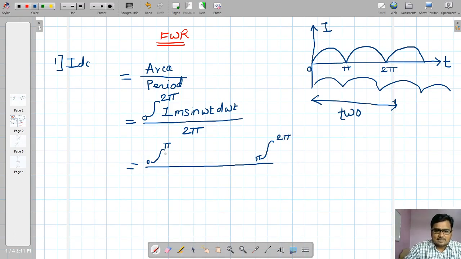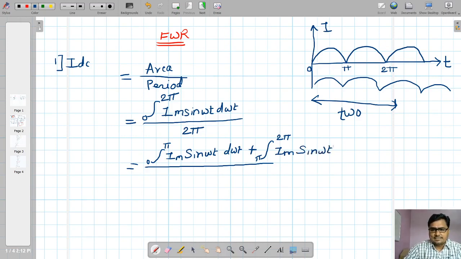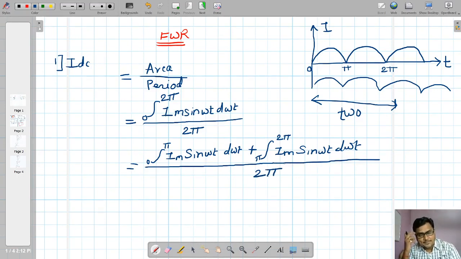So it is the integral of Im sin omega t d omega t plus again the integral of Im sin omega t d omega t, and the whole has denominator 2 pi.